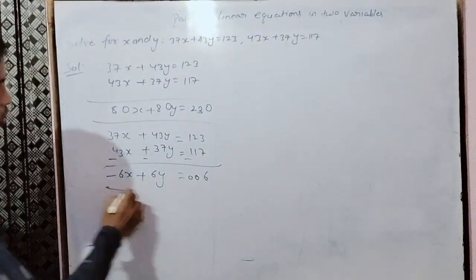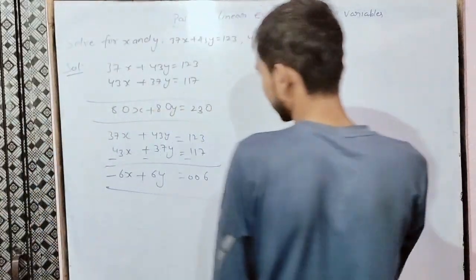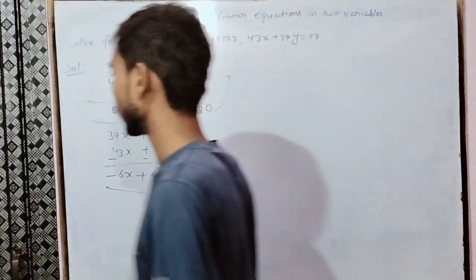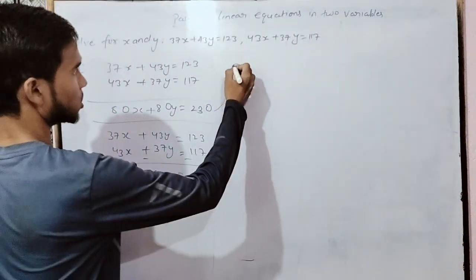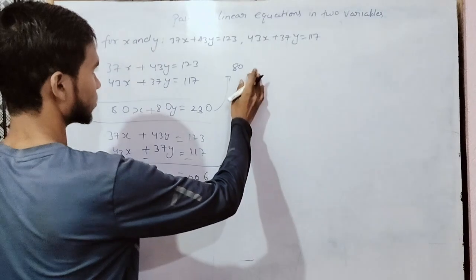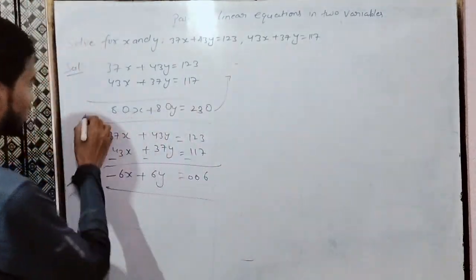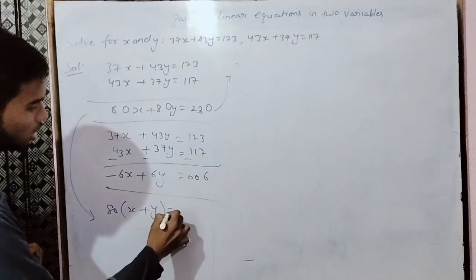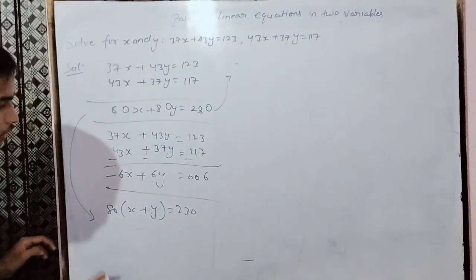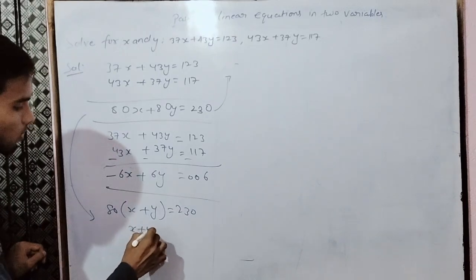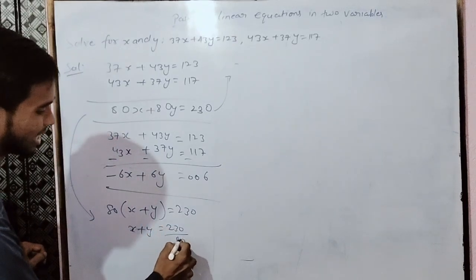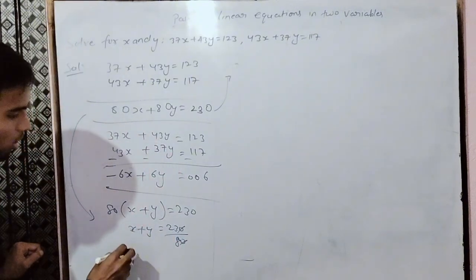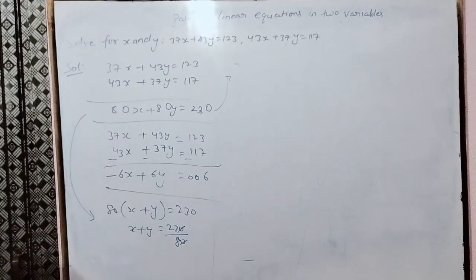Yes, 6. So finally till here we got this. We will simplify. Here we can take 80 as a common factor. So 80 as a common. x plus y, okay, we have taken 80 as a common. So x plus y equals 230 upon 80. So 8. Now we have got 23 upon 8.